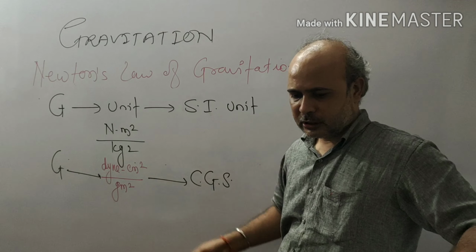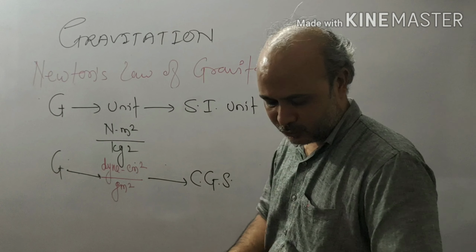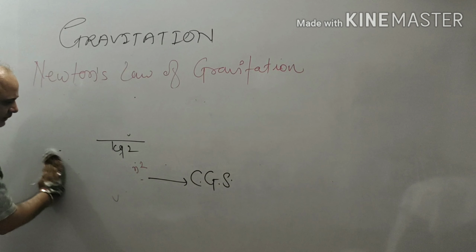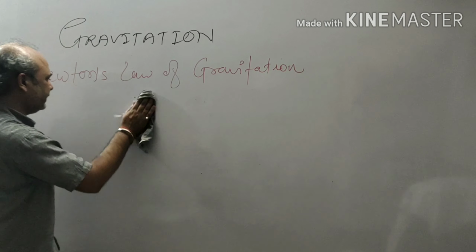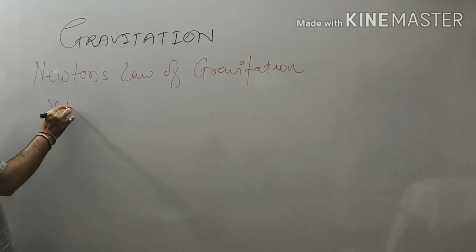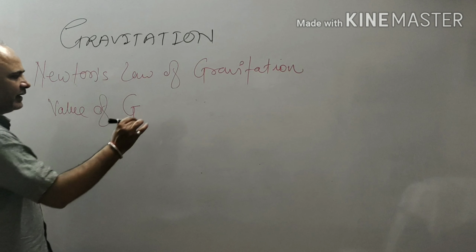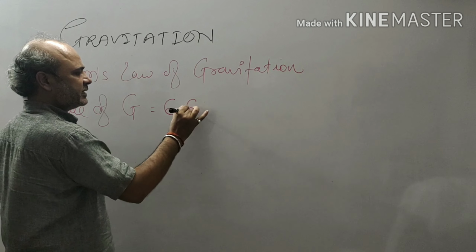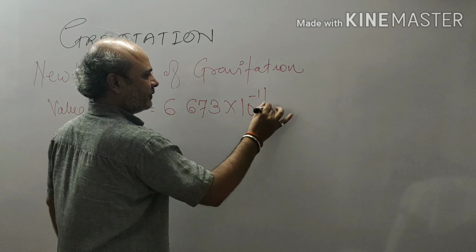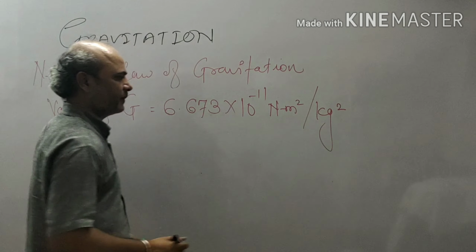Clear? Now student, we are going to find the value of G. The value of G, the gravitational constant, is 6.673 into 10 raised to minus 11 Newton meter square per kg square.